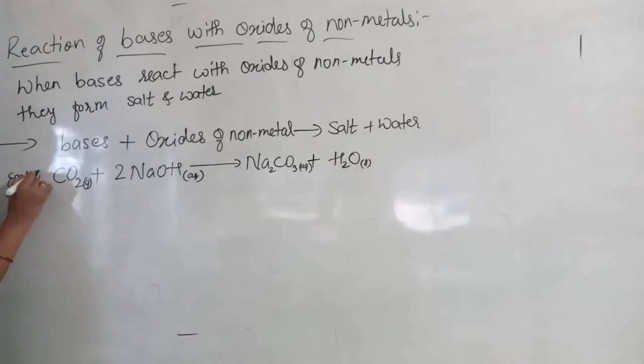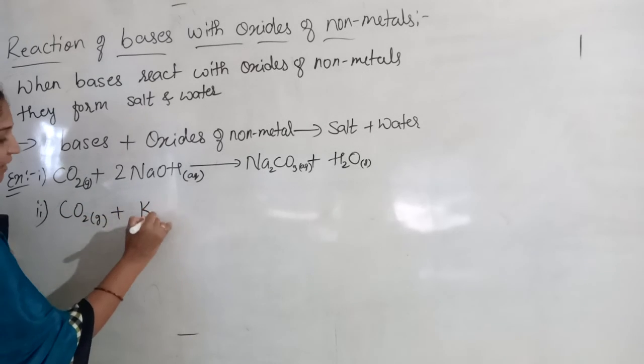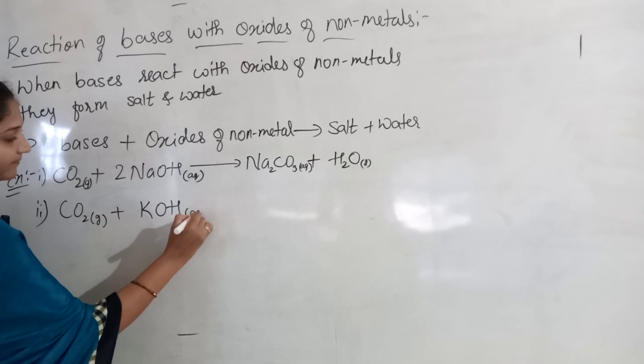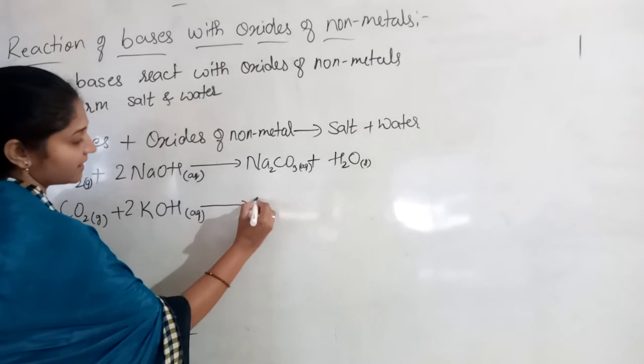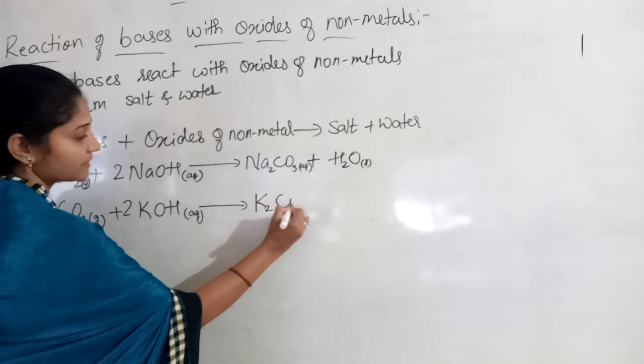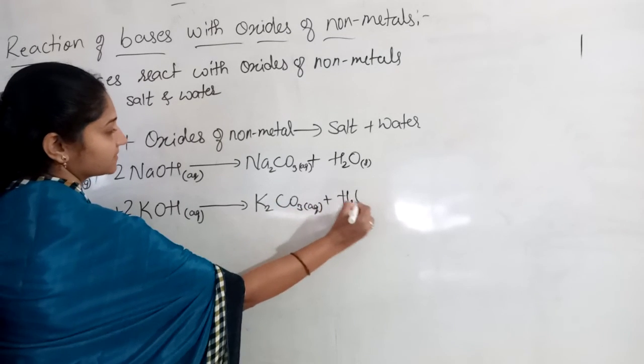Then take another example. Take carbon dioxide and the base potassium hydroxide. The salt that forms is potassium carbonate, K2CO3, plus water.